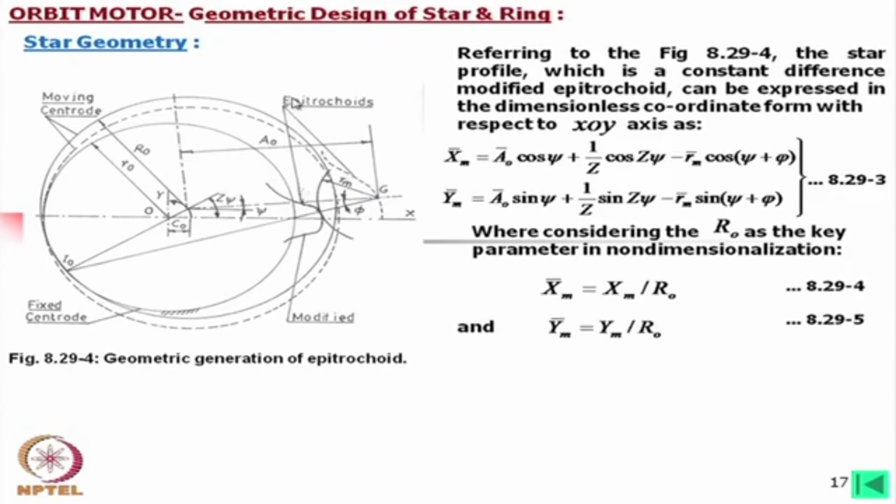That means, inwardly shifted, parallelly shifted, this profile will give the active profile, the effective profile of the star gears. And as this is a constant, this profile will be a circular arc.